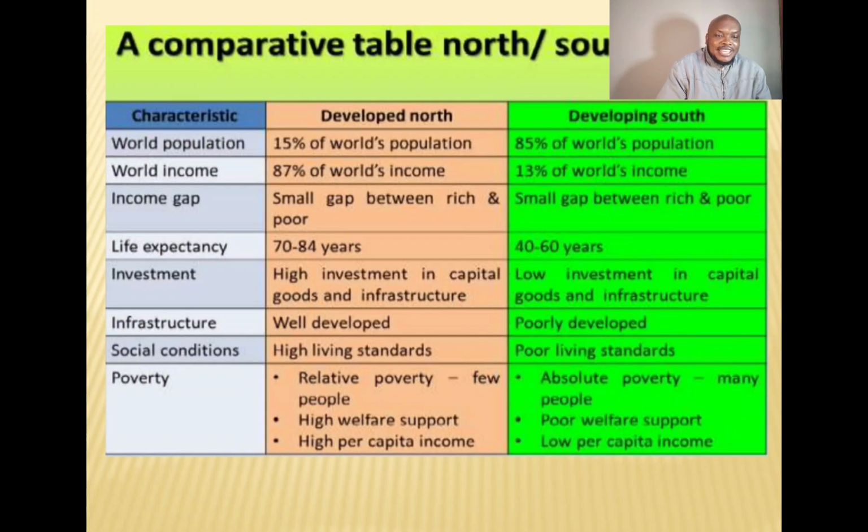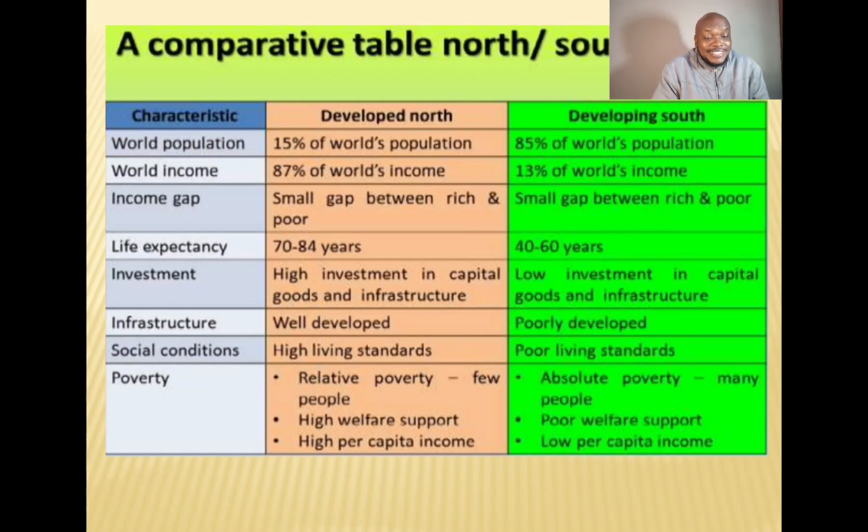So as you can see, a comparison between the North and the South. The developed North countries have less population. In wealth income, they constitute about 87% of the wealth income. There is a small gap between the rich and the poor in the more economically developed countries in the North.